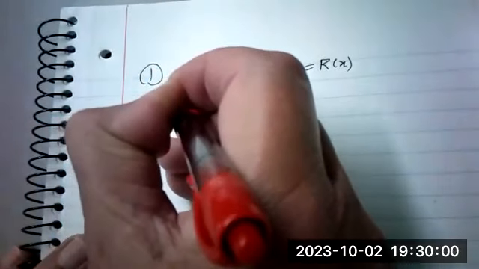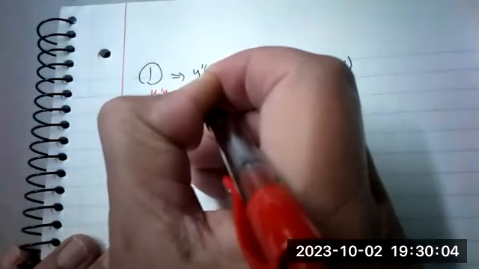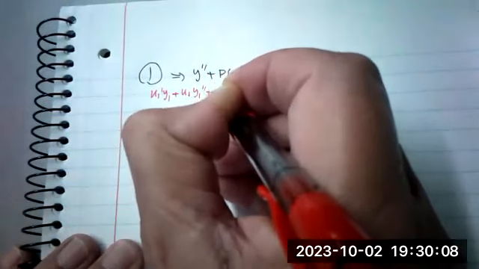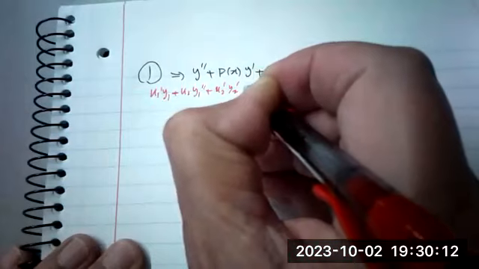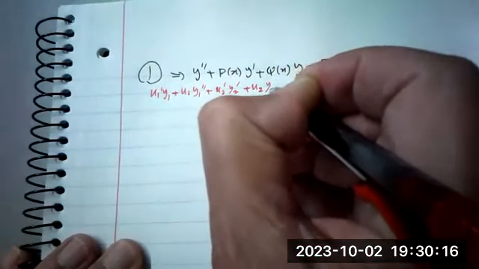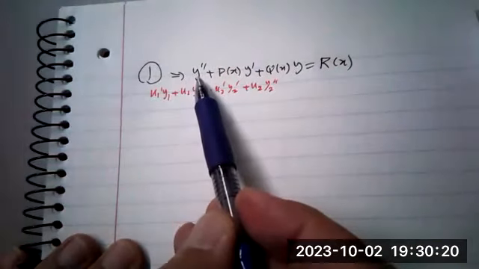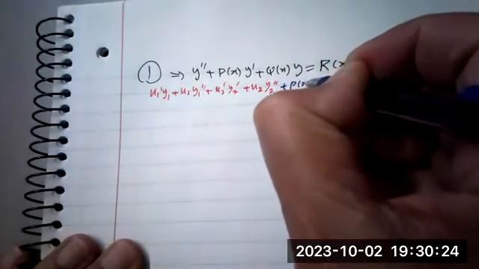It's algebra that we have to do: u1 prime y1, u1 y1 double prime plus u2 prime y2 prime plus u2 y2 double prime. This is if you substitute for y double prime.